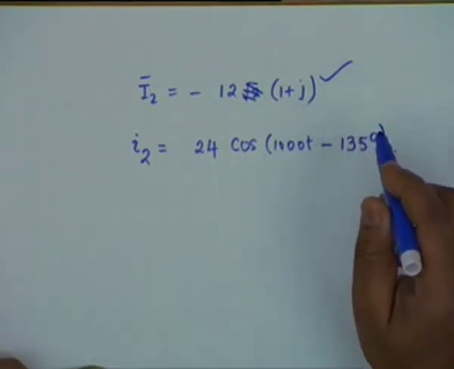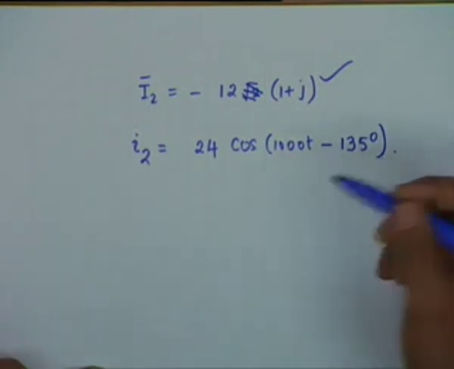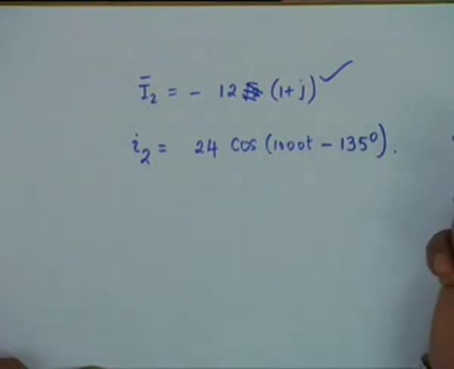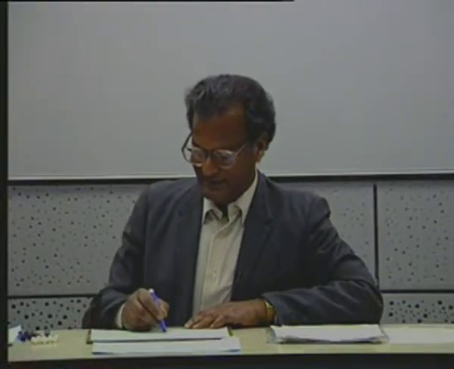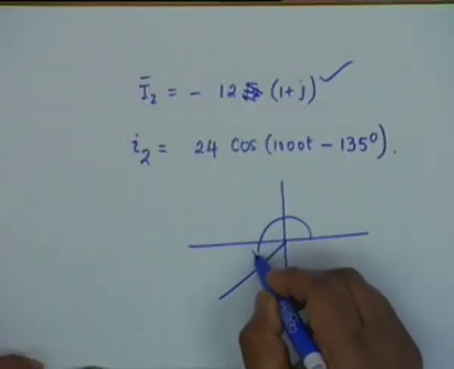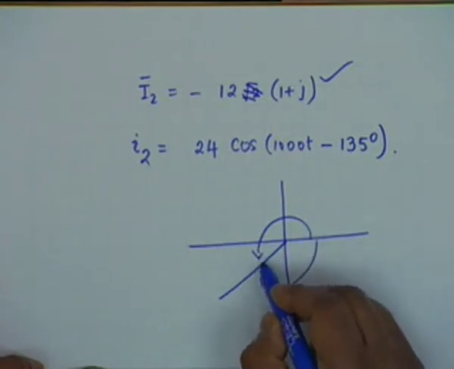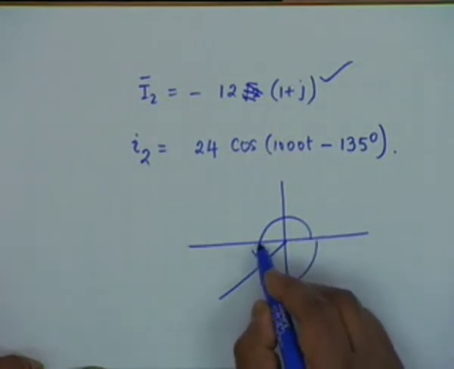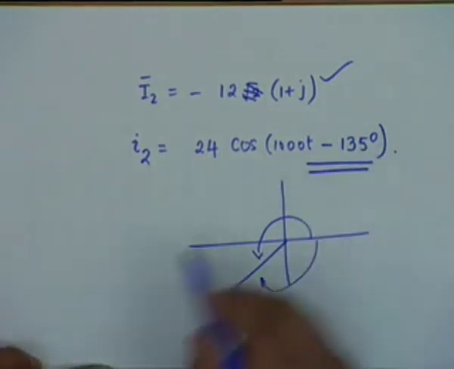So it is either 180 plus 45 or minus 180 plus 45. The angles are the same, plus 225 degrees and minus 135 degrees. All right. This angle is the same as this angle, 180 plus 45 or minus 180 plus 45, which means minus 135. And this is the correct answer.